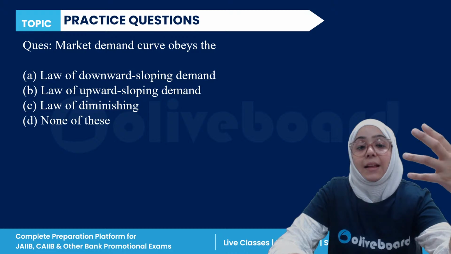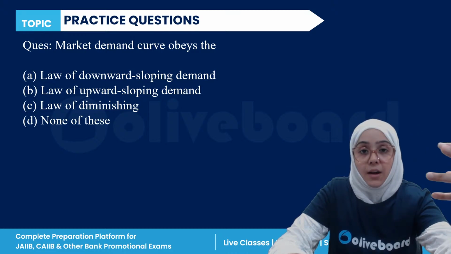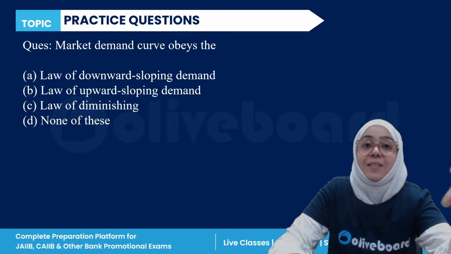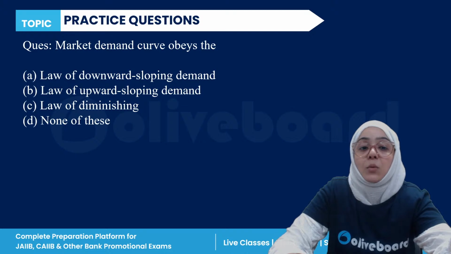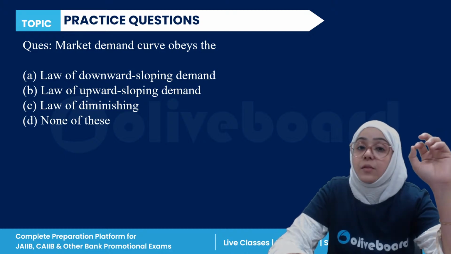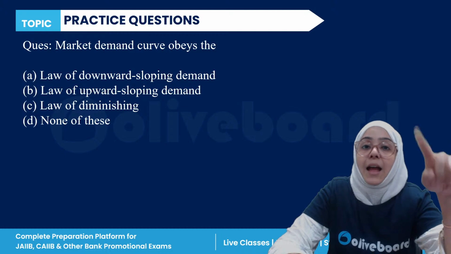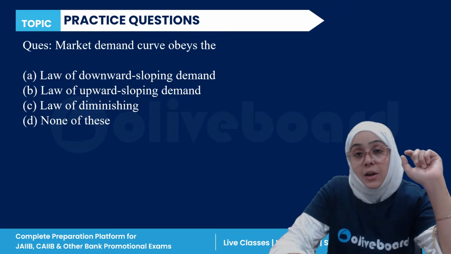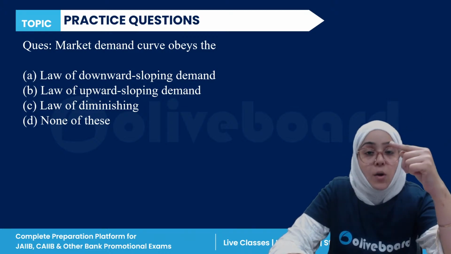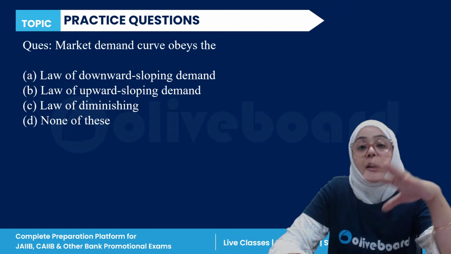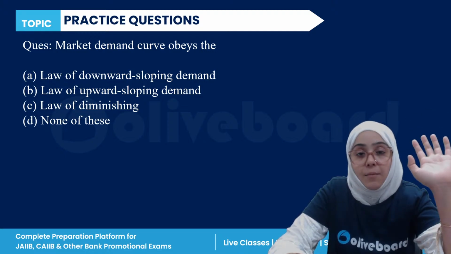When we are talking about the law of demand, they have an inverse relationship between price and demand, right? So as price rises, quantity demanded decreases and vice versa. That is the market demand.